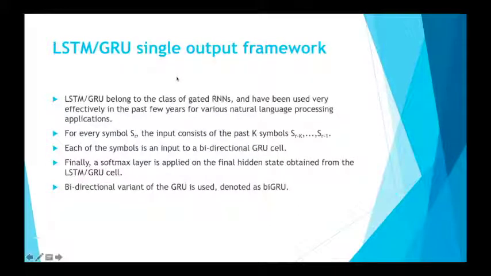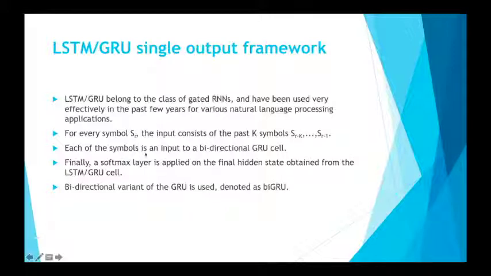Another method is to use the LSTM, long short-term memory, or a GRU single output framework. LSTM or GRU belongs to the class of gated recurrent neural networks and has been used very effectively in the past few years for various natural language processing applications. For every symbol S_i, the input consists of the past K symbols, S_(i-K) up to S_(i-1).